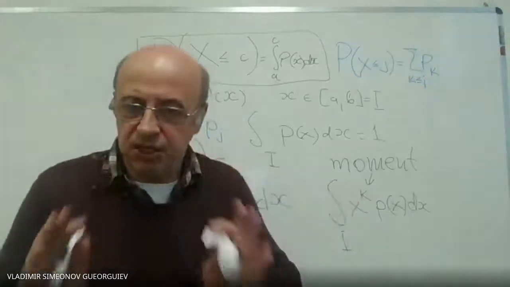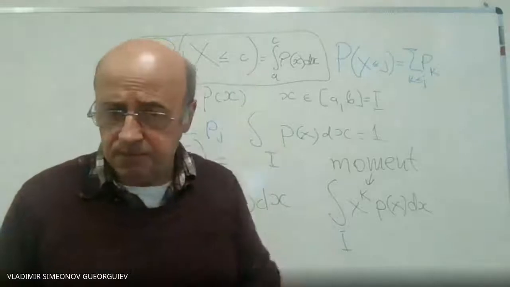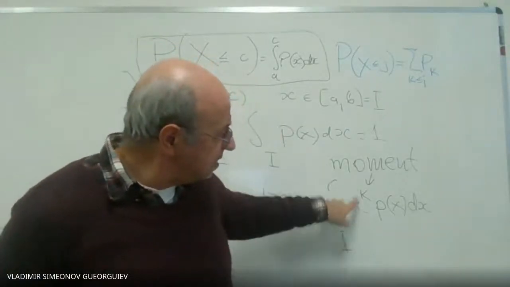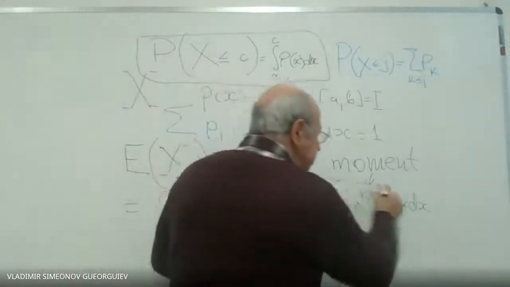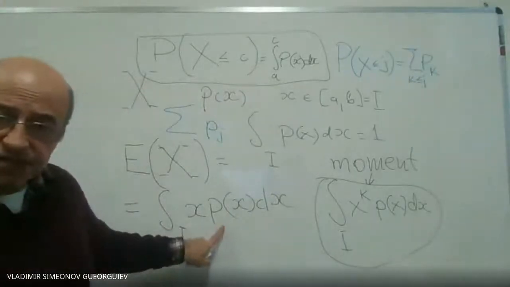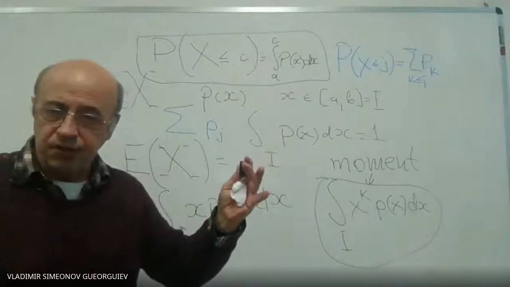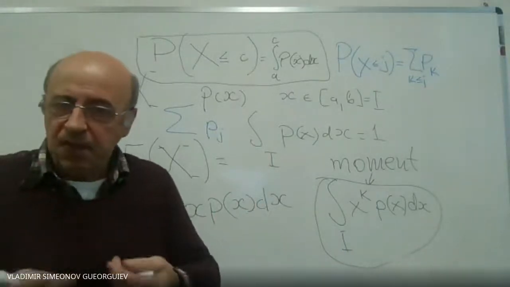Kappa is an integer number. Kappa can be 1, 2, 3, 4, 5, and so on. When you compute the integral of x to the kappa p(x) dx, we can consider this integral as a generalization of this integral. This is a more general notion. There is nothing here like theory.